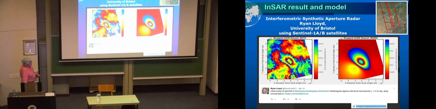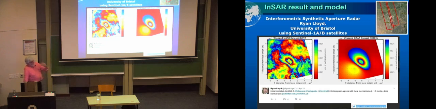The other thing that came very shortly after this, and these are pictures that were appearing on Twitter actually. So Twitter has become a way of getting information out about earthquakes. This is what we call InSAR, an acronym for Interferometric Synthetic Aperture Radar.